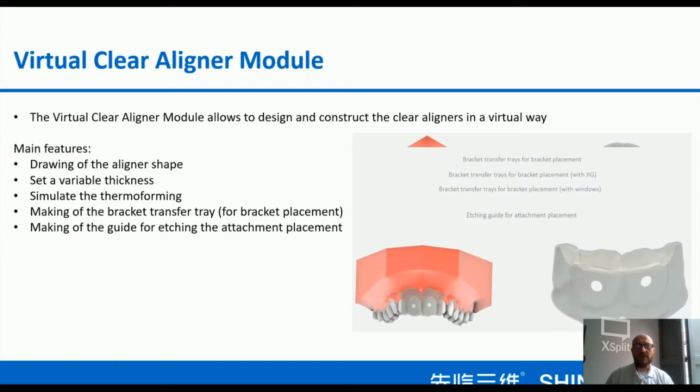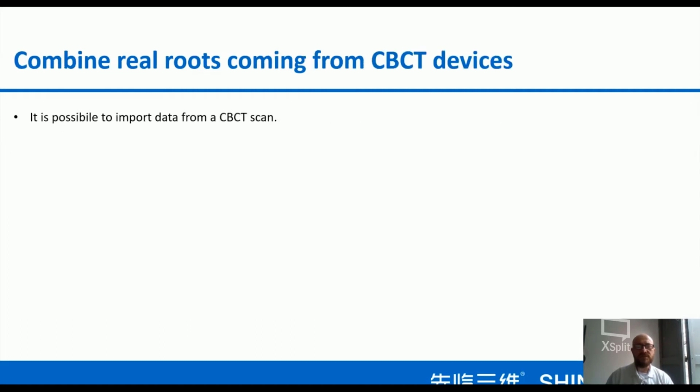I would like to share with you further info that from my point of view is very, very important. The first is that it's possible to combine the real roots coming from a CBCT device. You know that it's not possible to acquire the shape of the real roots working with a light or laser scanner, so it's necessary to work with a CBCT device.